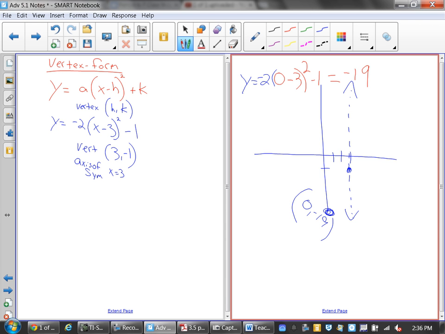Now, how far away is 0 from our axis of symmetry? 3. What's 3 more to the other side? At 6, it'll also be -19 then. When you're working with vertex form, it gives you two out of the three things you need to find.